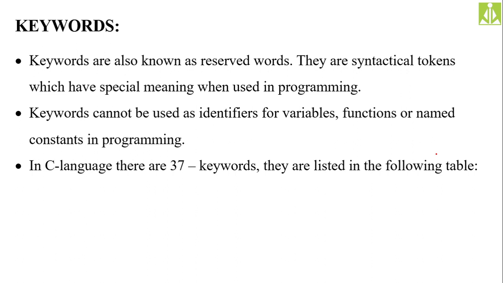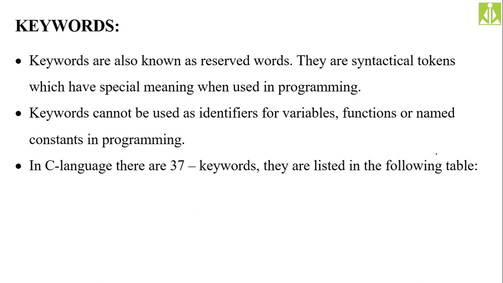When you use these keywords in your C program, they will exhibit that meaning. So keywords are also known as reserved words. They are syntactical tokens which have special meaning when used in programming. Keywords can't be used as identifiers for variables, functions, and named constants in programming.